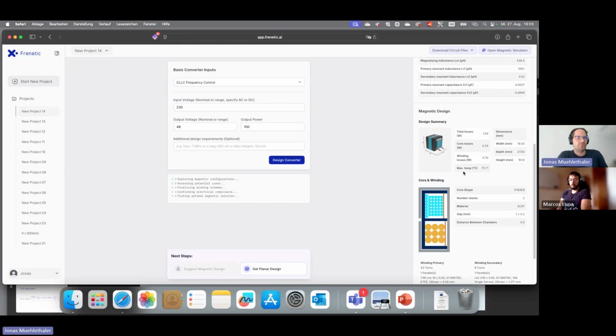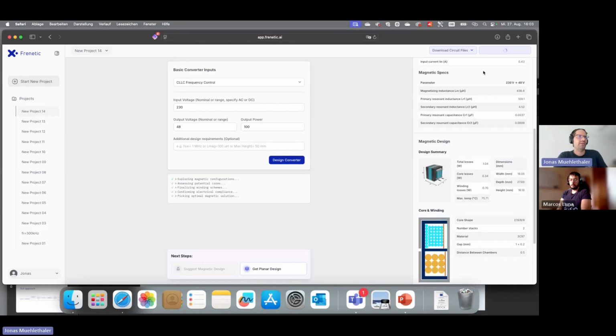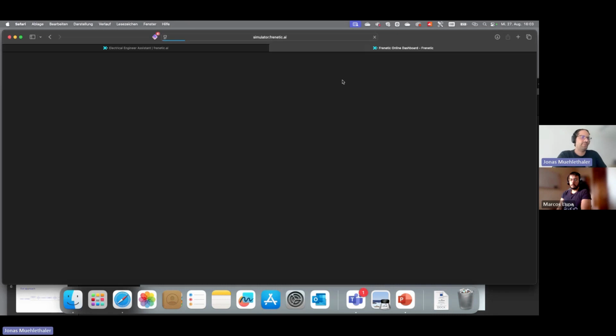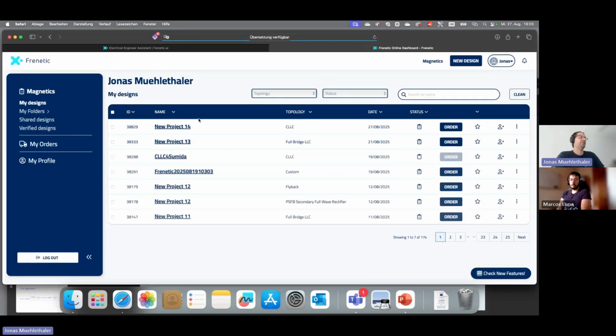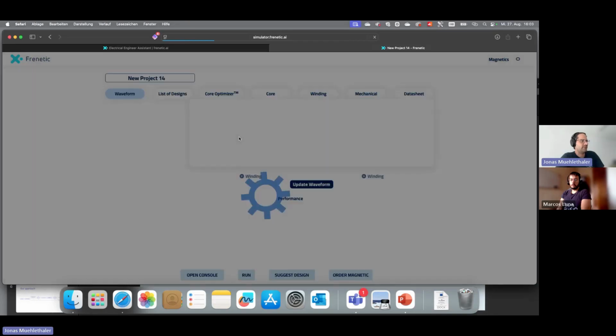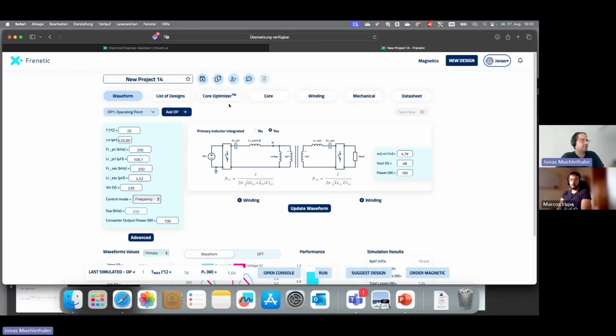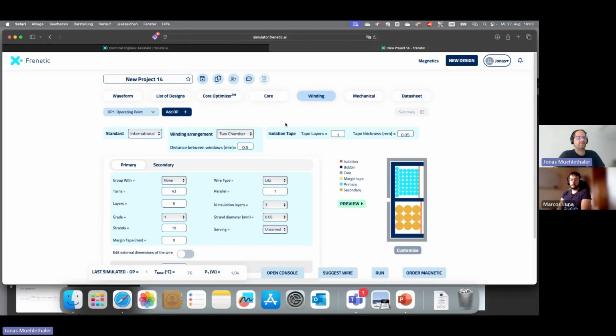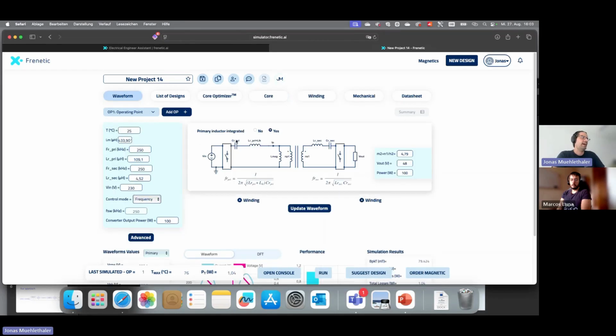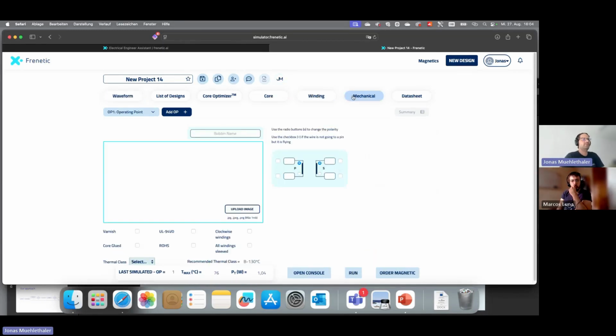This is a new tool, and it kind of completes our existing tool, which is called Frenetic Magnetic Simulator, which many of you might know. This is kind of our old tool. That's the tool that allows you to optimize and design magnetic components. So in this case, I automatically uploaded the magnetic component into this tool, and I can continue working with it.